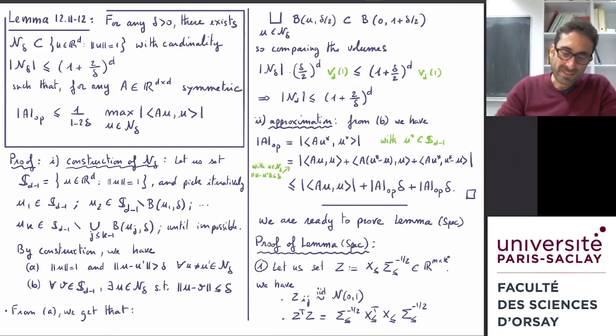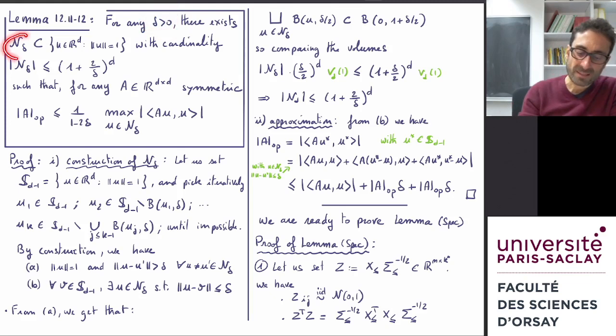So what does this lemma say? I give the reference from the lecture notes here. The lemma says the following. For any delta which is positive, there exists a set N_delta, which is a subset of the sphere, which has a finite cardinality, and we can even say that the cardinality is smaller than (1 plus 2 over delta) to the d, where d is the dimension.